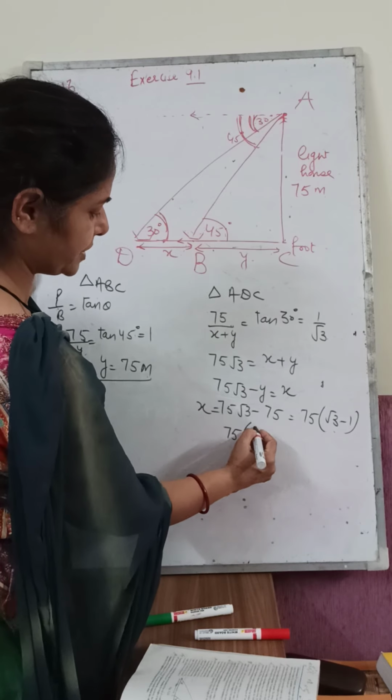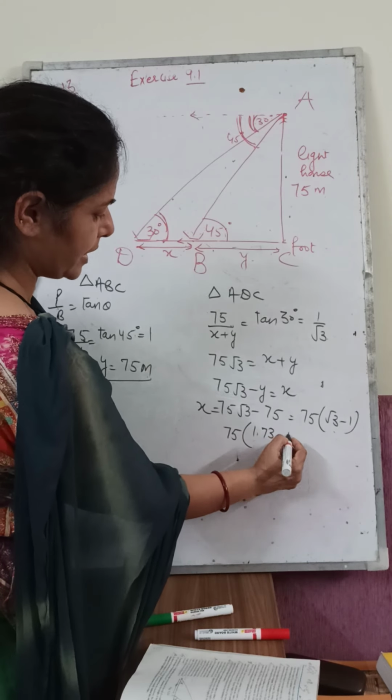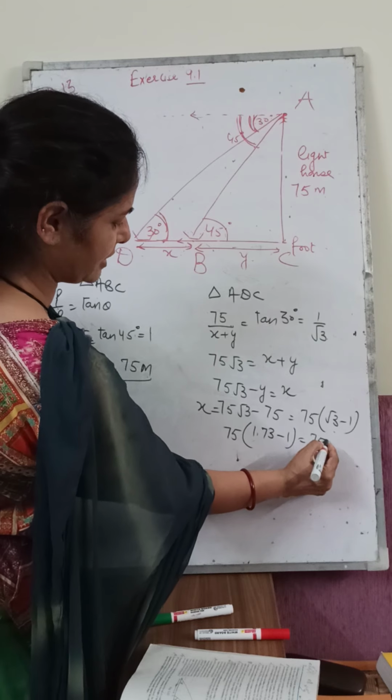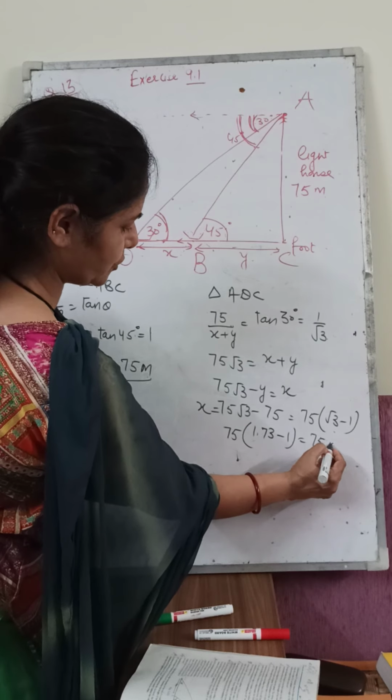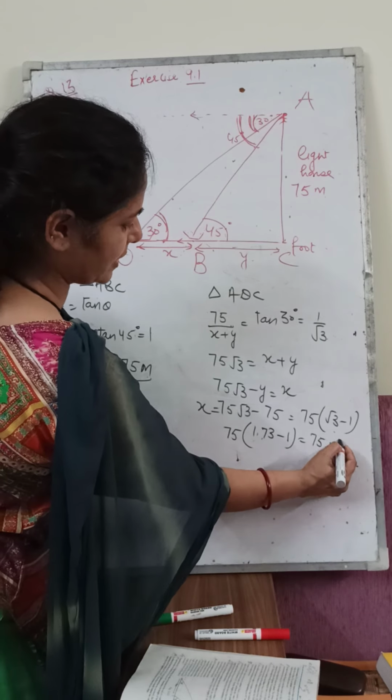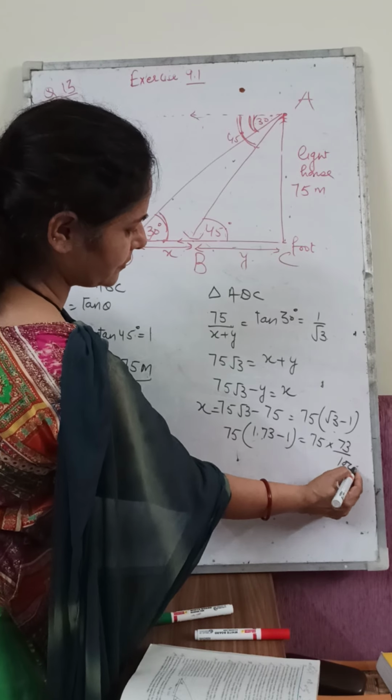75 root 3 is 1.73 minus 1, it comes out to be 75 into 1.73 minus 1, that is 73 upon 100.